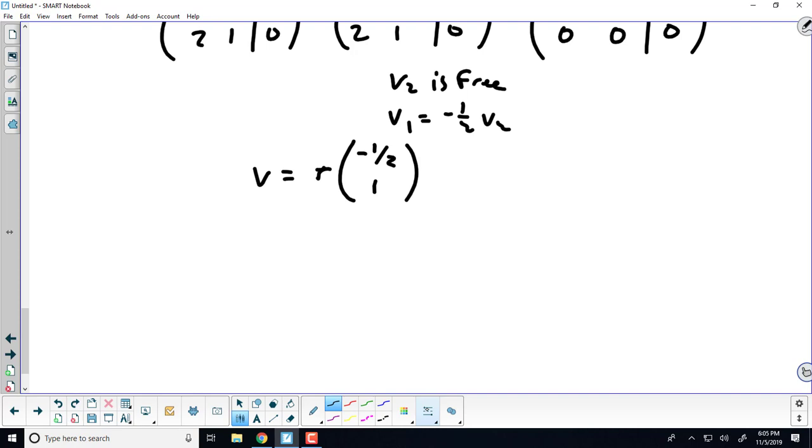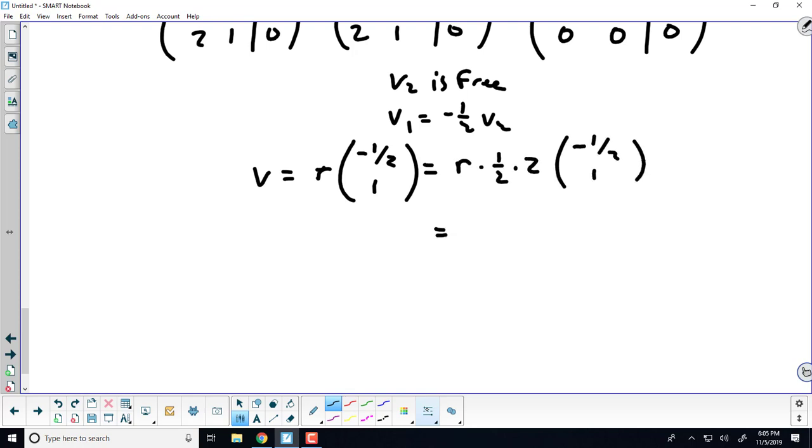In my opinion, a nice way to do that would be to multiply both terms by 2. It's been a while since we've done this, so let's do it. We could say r times 1/2 times 2 times negative 1/2, 1.